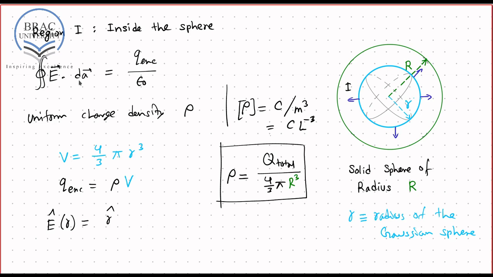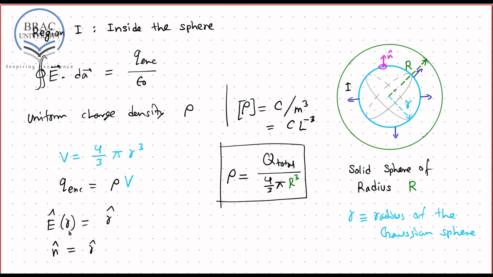Now the direction of dA, or the area element. What is the area element? You take a small patch on this surface. This is a 3D diagram, and what is the direction of the small patch? It's a sphere, and the surface normal points outward from the center, and that is n hat. In general it's n hat, but here n hat equals r hat.